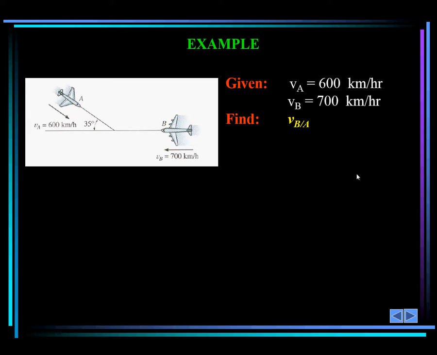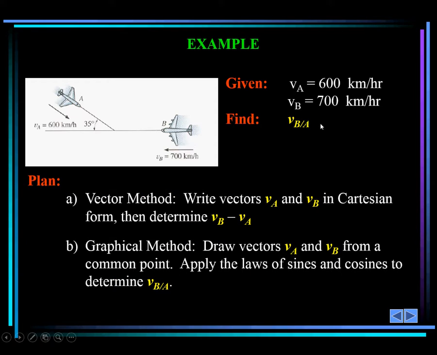The question is, what's the velocity of B with respect to A? How should we go about finding that? Would it be 100? That would be if it were algebraic, but not here, because they are a vector sum.